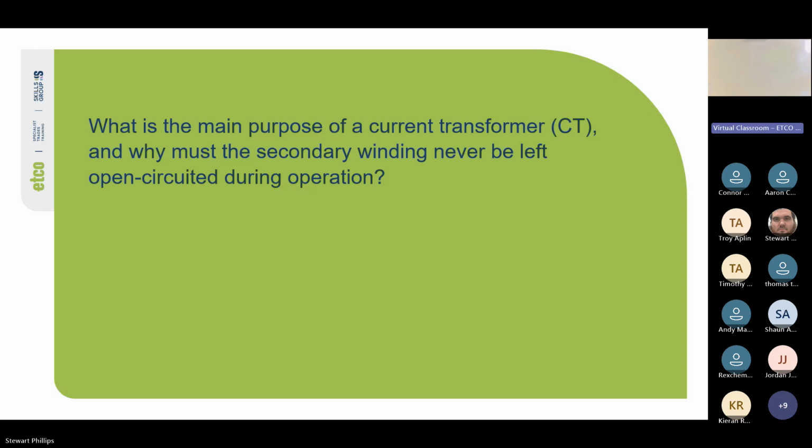Yes and no. So they're high voltage. Well, yeah, we do use them on the high voltage lines. Yep, mostly because we can't put a clamp meter around the high voltage lines because of jump voltages. Yes, a dangerous high voltage when left open.